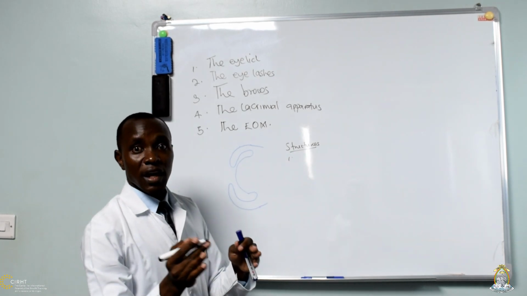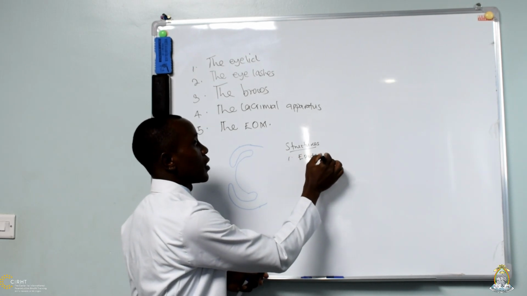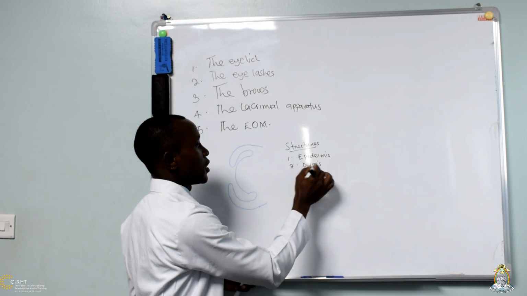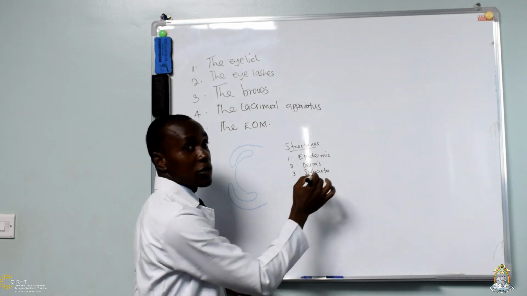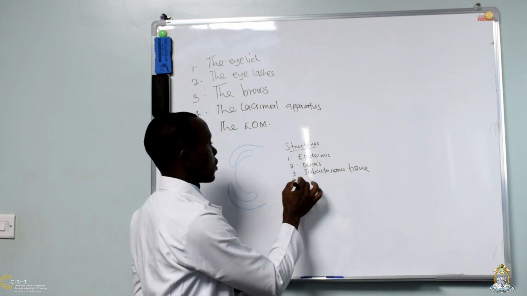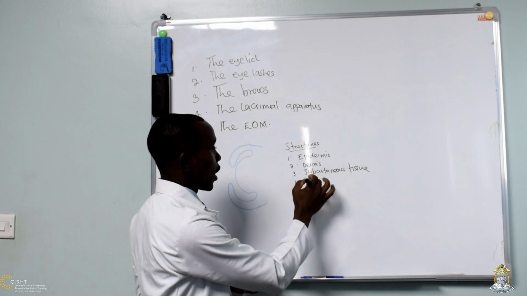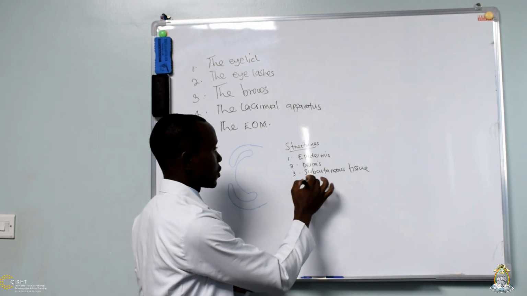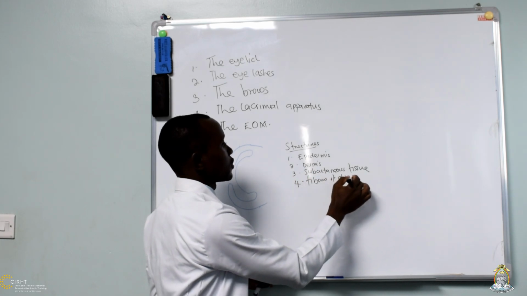Basically, the first structure that makes up the eyelid is the skin, because you know that the skin has different layers. We have the epidermis of skin, the dermis of skin, and then the subcutaneous tissue. The fourth, after the subcutaneous tissue, is the fibers of the orbicularis oculi muscle.